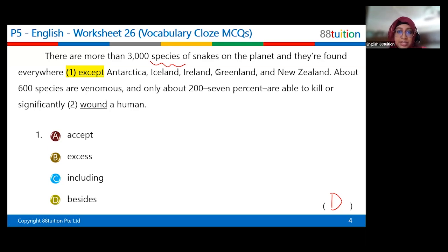What are the species? 3,000 species, Jekai. If I tell you about all of them, the whole lesson will be gone, so we cannot cover the species. They are found everywhere on the planet except Antarctica, Iceland, Ireland, Greenland, and New Zealand. So these are the places where you will not find snakes. Maybe I should go and stay in these places.